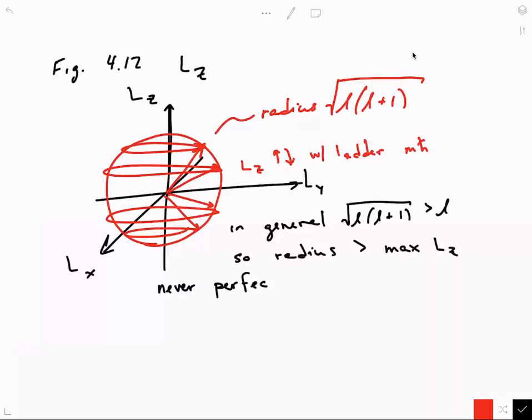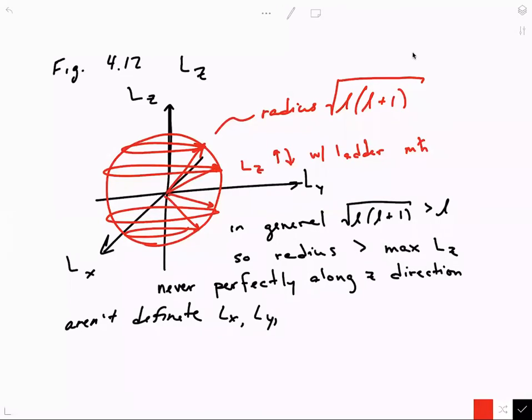That's not because we chose L_z incorrectly; it's just a function of the uncertainty. If you were perfectly along the z direction, that means you know L_x and L_y are 0 simultaneously, and you know L_z simultaneously. We already saw that those were incompatible operators. So this is a bit of a misleading diagram. You've got to remember that there aren't definite L_x, L_y, and L_z simultaneously, so those cones of uncertainty that are drawn are a little more interesting.